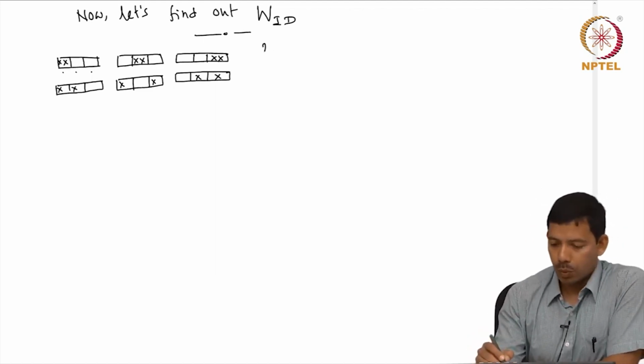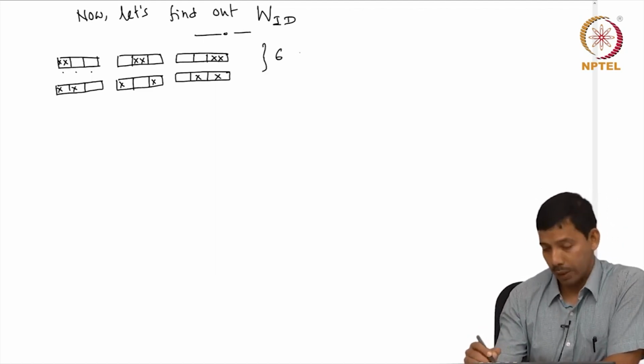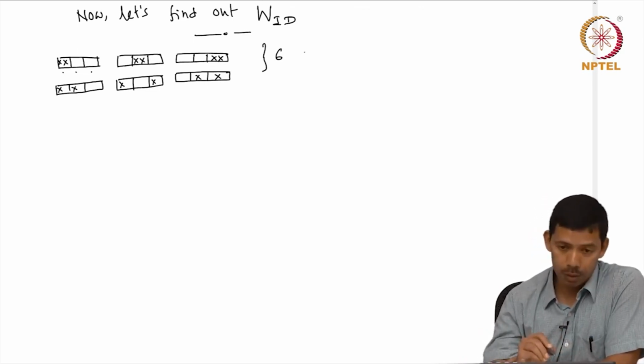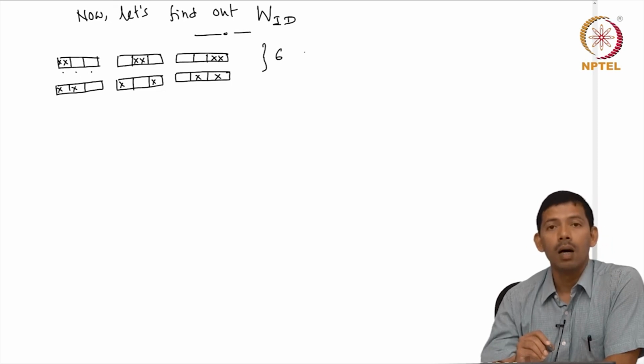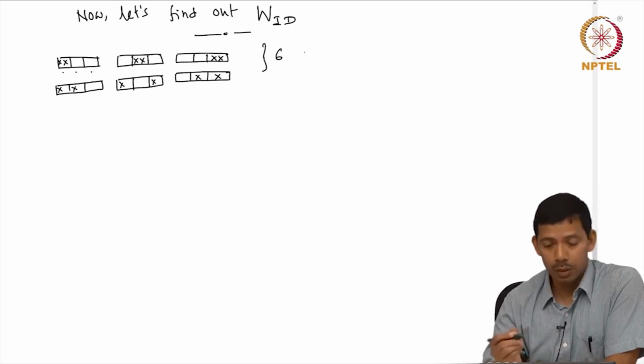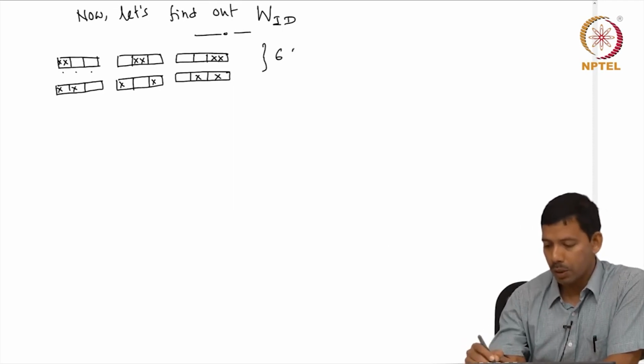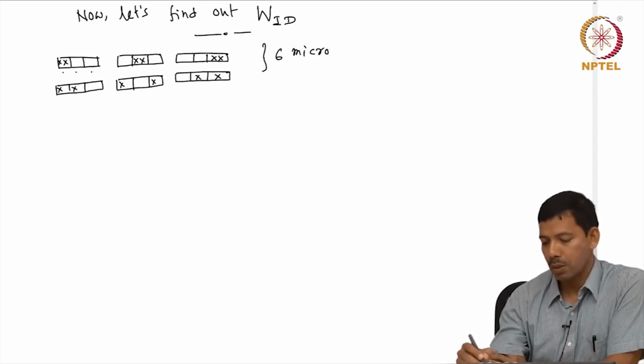So I do have 6 different ways of distributing two indistinguishable particles in an energy state having threefold degeneracy. So in other words, I have 6 microstates.